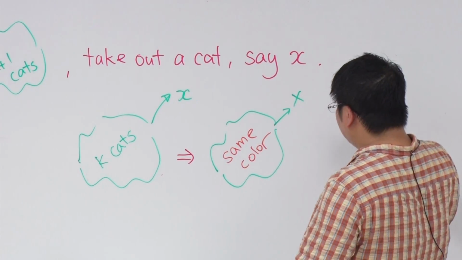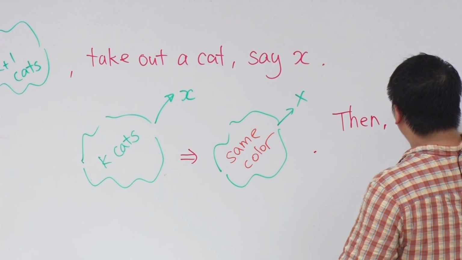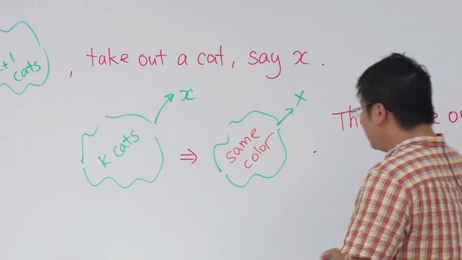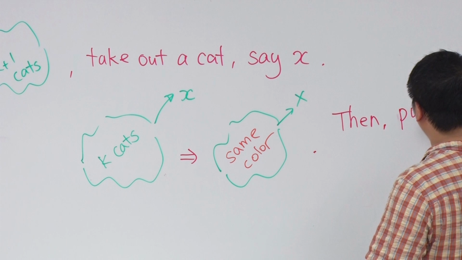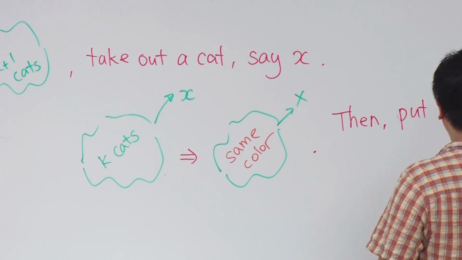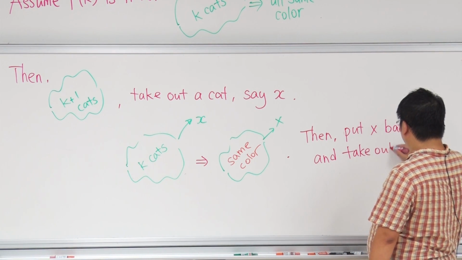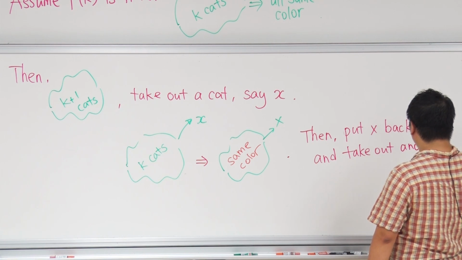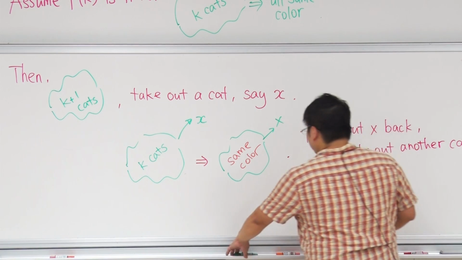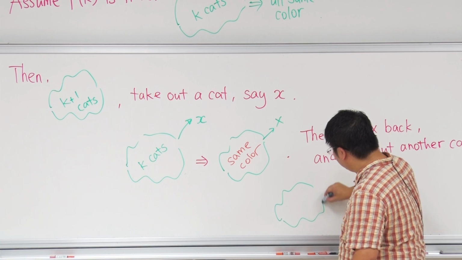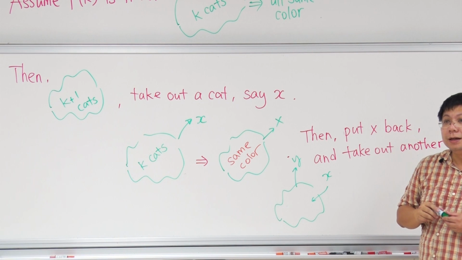Next, we are going to put x back and take out another cat, let's call it y. So x goes back, but we take out y. Is that okay?